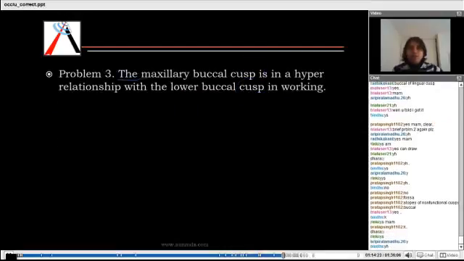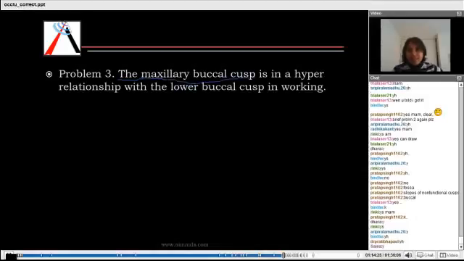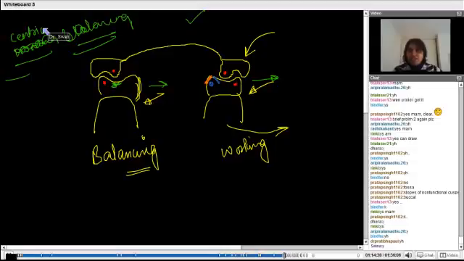Yeah. The third problem: the maxillary buccal cusp is in hyper relationship with the lower buccal cusp in working. Let's go back again and see. We are talking about the working side, and we are talking about both the buccal cusps. We are talking about the maxillary buccal.